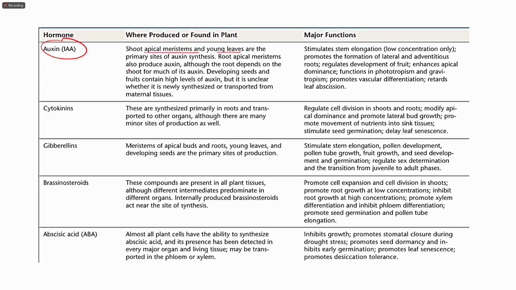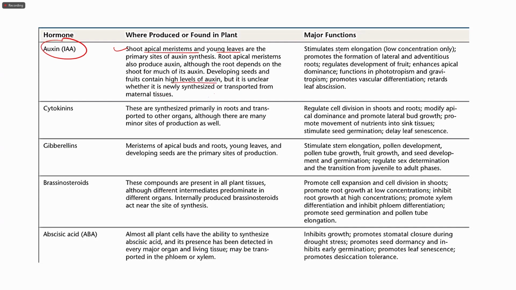Shoot apical meristems. Root apical meristems, as I mentioned, also produce auxin, although it depends on the shoot for much of its auxin. Developing seeds and fruits contain high levels of auxin, but it is unclear whether it is newly synthesized or transported.